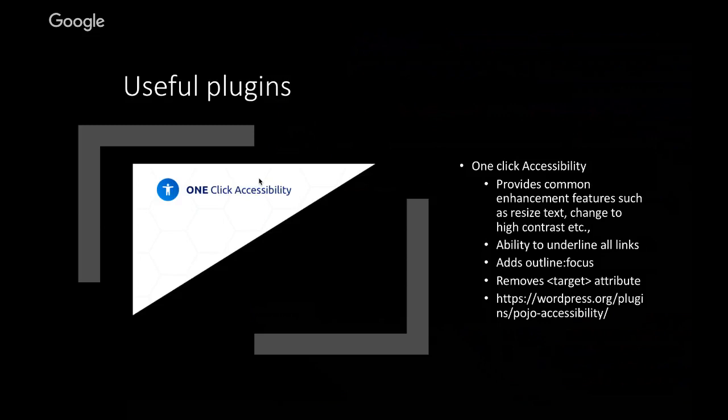While browsers and operating systems do provide the necessary support, a lot of users do not know the existing features of the browser or operating system, so it is sometimes helpful to have it available on the website itself. And it has the ability to underline all the links.